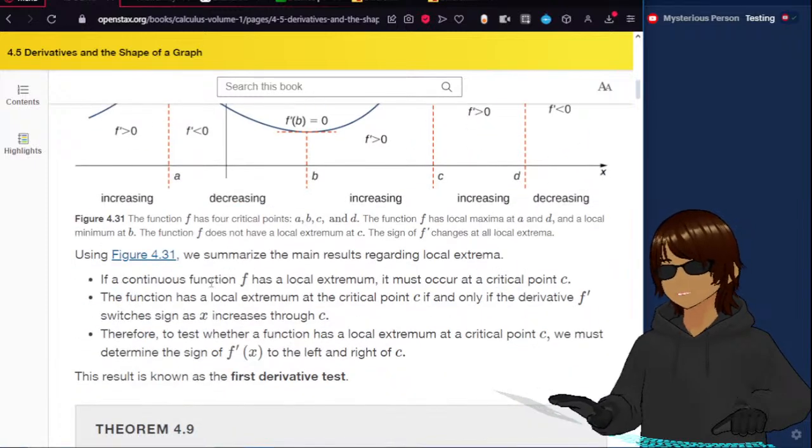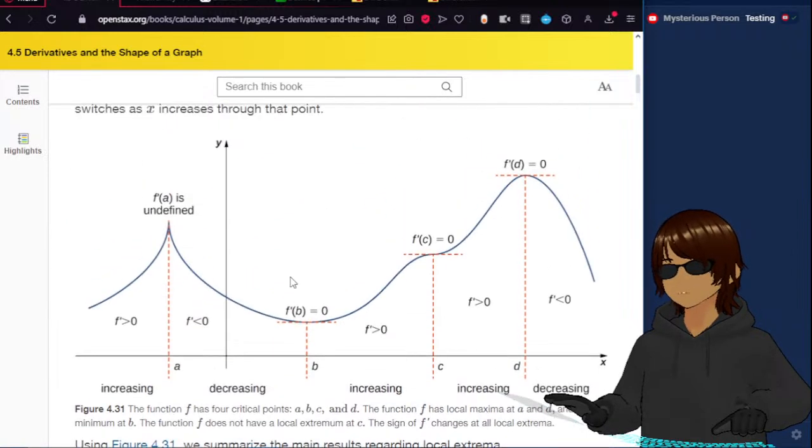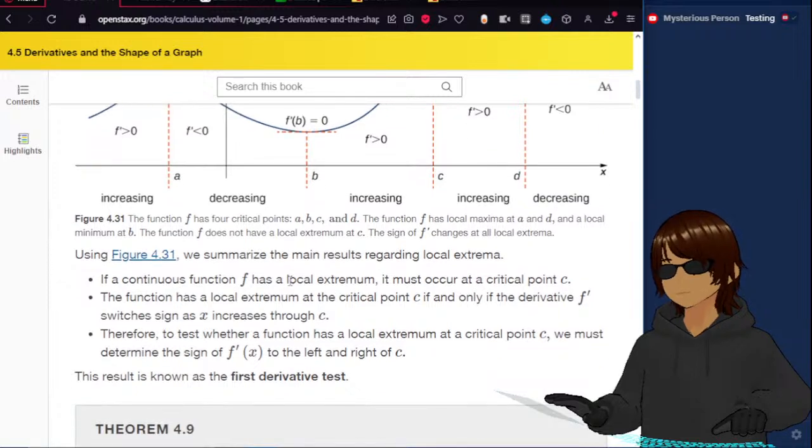If a continuous function f has a local extremum, it must occur at a critical point c. The function has a local extremum at a critical point c if and only if the derivative switches sign as x increases through c.